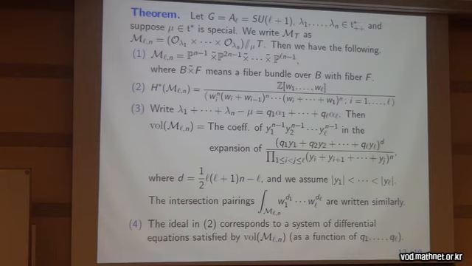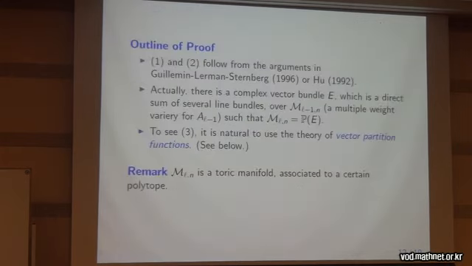Actually, this is a polynomial of Q1 to QL, and which satisfies some system of differential equations. And the statement 4 means that the ideal generators of this ideal correspond to such differential equations. Okay, this is a theorem, and here is an outline of the proof.